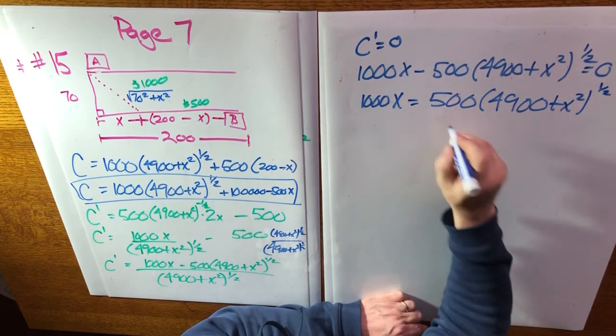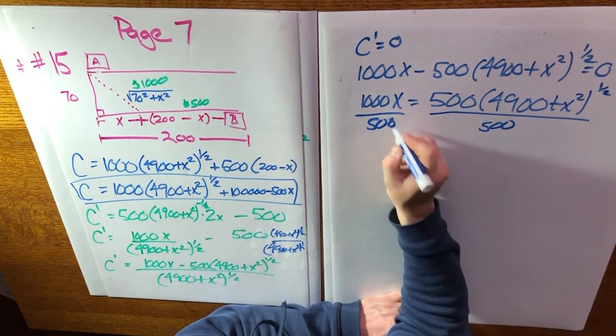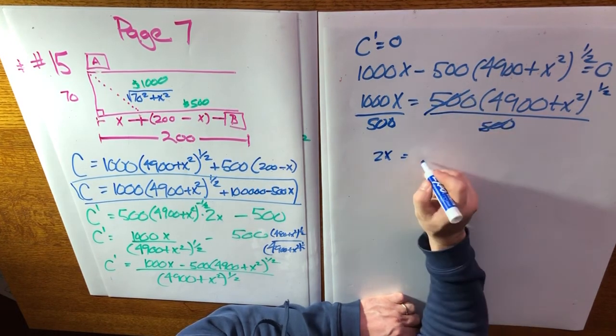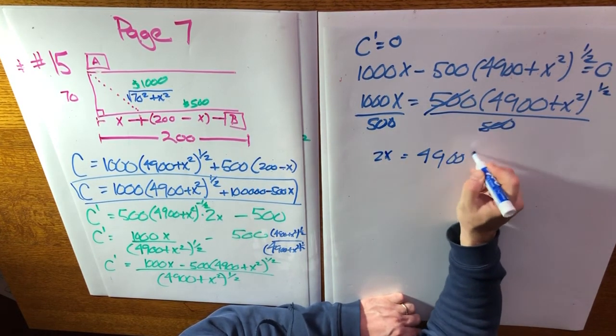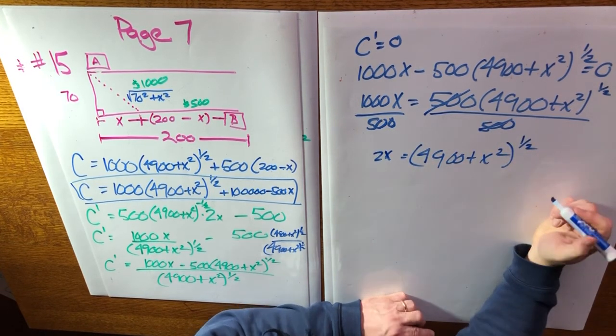So I'm going to divide both sides by 500. And I get 2x equals (4,900 plus x squared) to the 1/2.